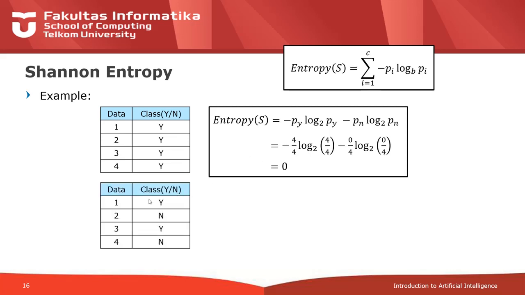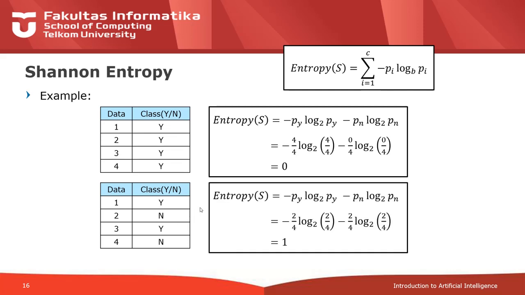What if the data is like this? We have yes and no, and then yes and no. Based on the description, this is exactly equally divided. We have exactly 2 yeses and 2 nos, which means the entropy should be 1. And we prove it.